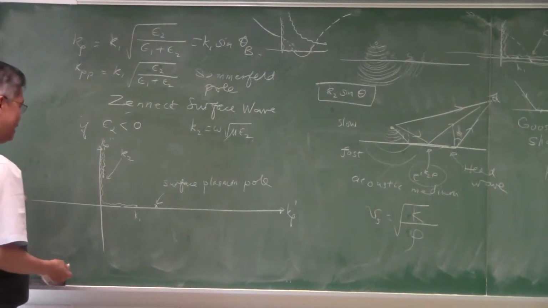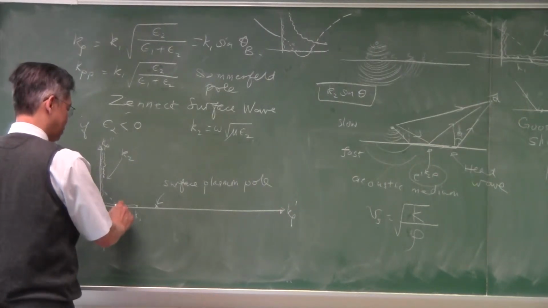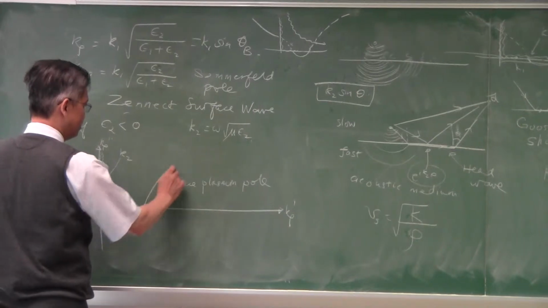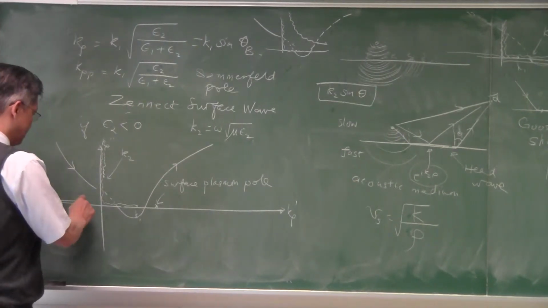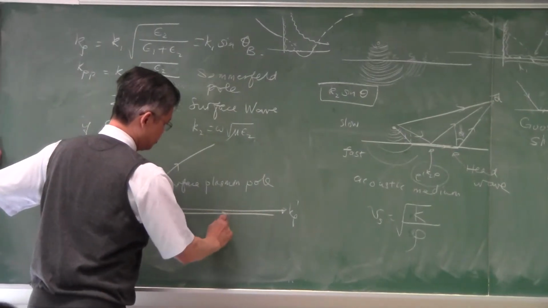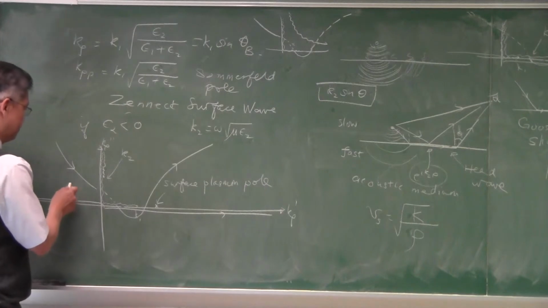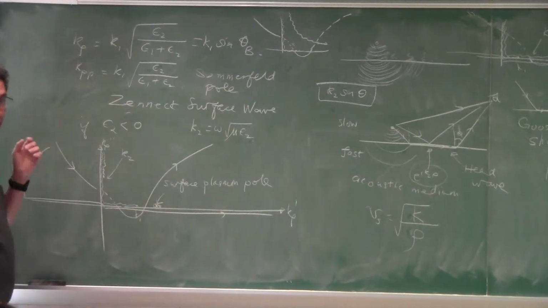Now if you do the analysis again, SDP goes through the certain point like this, and so there could be an occasion where when you detour from the SIP to the SDP, you pick up this pole contribution. It's a surface plasmon pole.